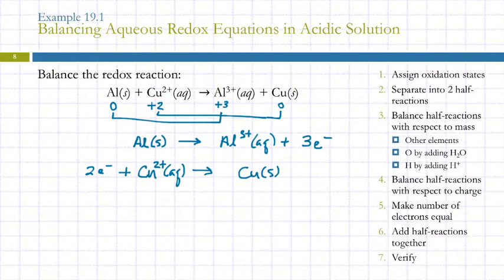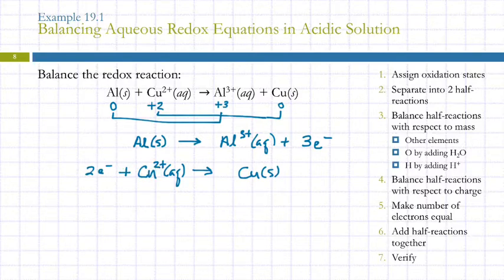So what's happening here is the aluminum, as it's going to aluminum ion, is releasing 3 electrons. When a copper ion goes to solid copper, it takes 2 electrons. So we can't just put these two together because then we're going to have 1 electron going nowhere. That can't happen. That's why we have to multiply, make sure that these numbers are the same. 3 and 2 are not the same.